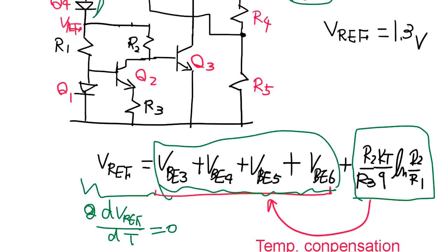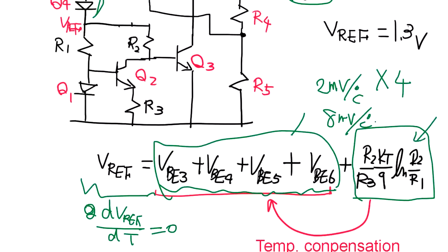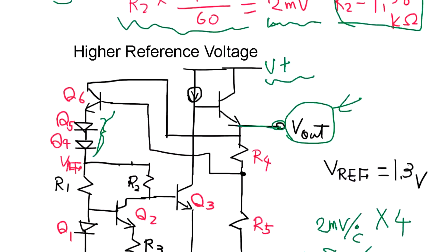So if each one changes about 2 millivolt per degree, we have multiplied by 4, 8 millivolt per degree. So we adjust this resistor value to compensate this 8 millivolt per degree. So the ratio is going to be changed, but we can get much higher voltage, say somewhere around 5 volt.